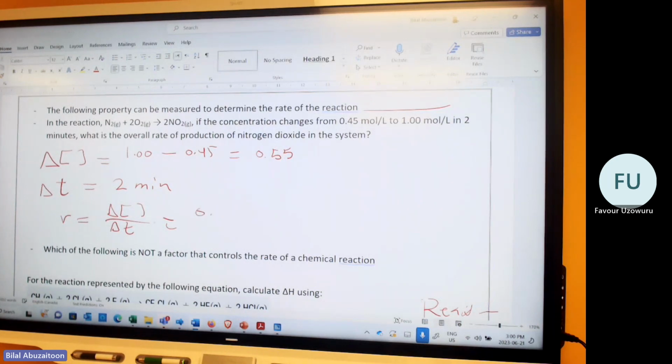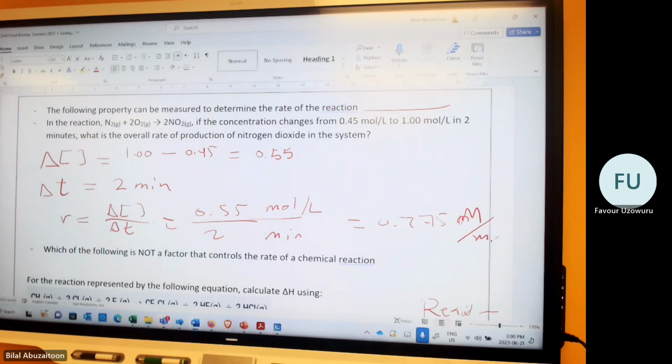So in this case, 0.55 divided by 2 minutes, mole per liter minute, which is 0.275 molar per minute if you wish.